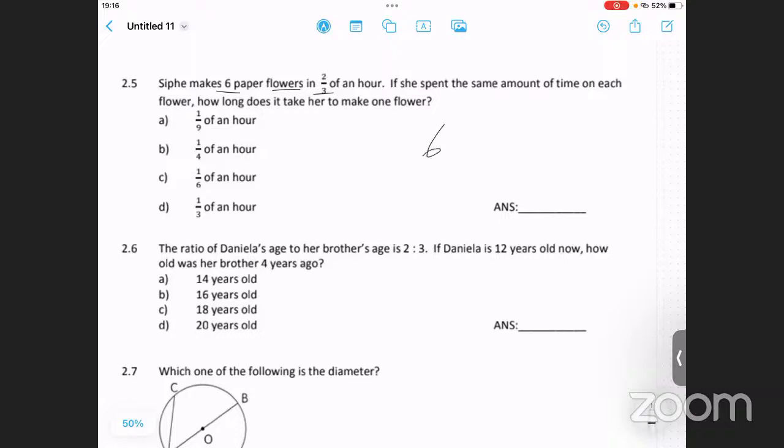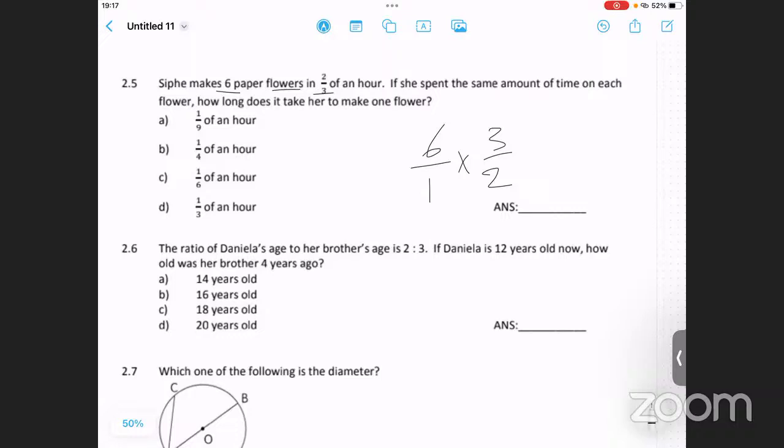So you say 6 over 1 times 3 over 2. And why 3 out of 2? Because that's how many hours it took to make 6 paper flowers.